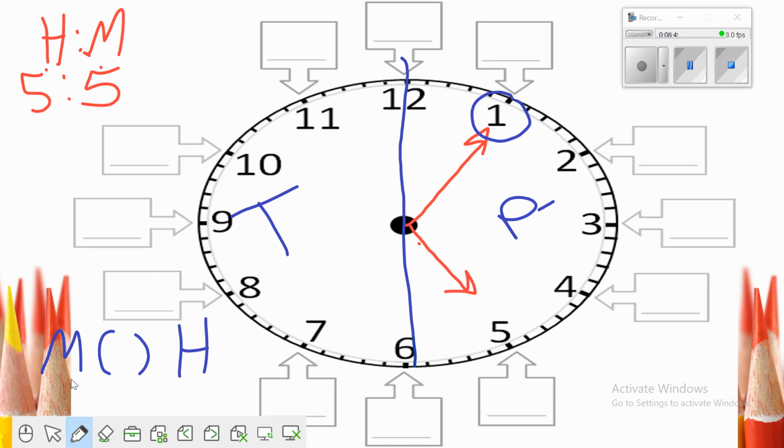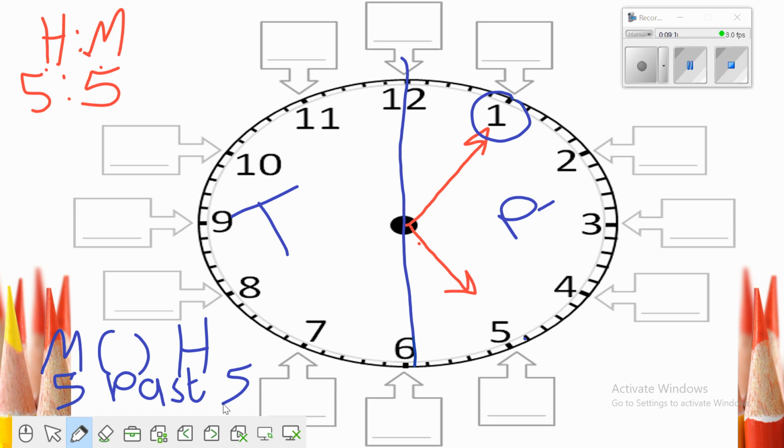The minutes for number 1 is 5 minutes. What I will use here in the brackets, yes, it's past. 5 minutes past. What about the hour? 5. See the difference? So the first way is HM, and the other way M blank H. M, past or to, and then H.